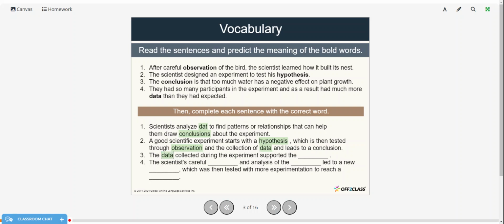The data collected during the experiment supported the hypothesis, and the scientists' careful observation and analysis of the data led to a new hypothesis, which was then tested with more experimentation to reach a conclusion.